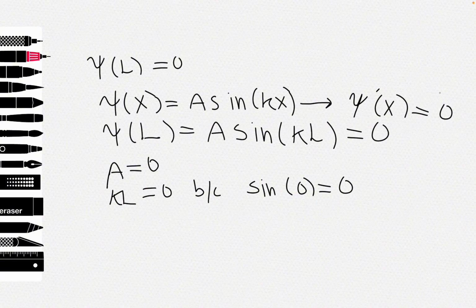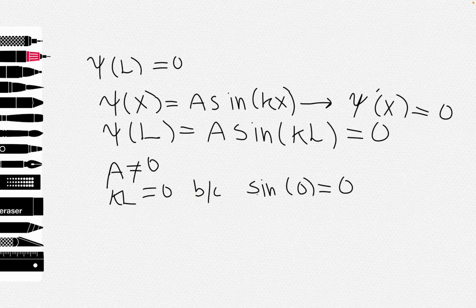This doesn't make any sense. Like in the last video, we've clearly established a particle can be found within 0 to L. Otherwise, there wouldn't be a particle in a box, and it would defeat the entire purpose of this quantum system. So let's just say that A can't be 0. So it leaves us with this.